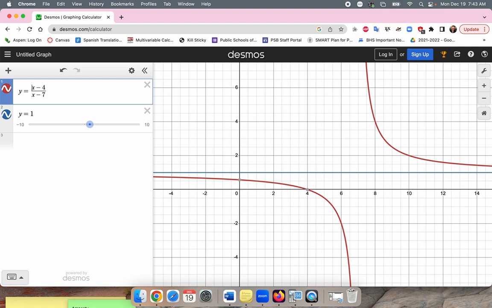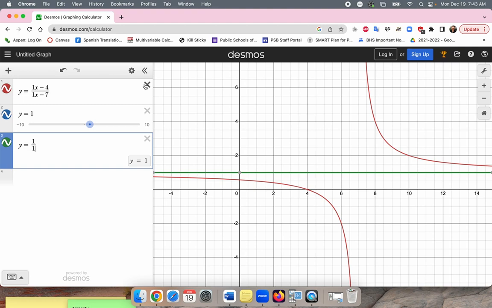For example, in the numerator here, the lead coefficient is 1. We don't really write the 1, but it's there. And the lead coefficient of the denominator is also 1. And so you're going to have a horizontal asymptote at the line y equals 1 over 1.